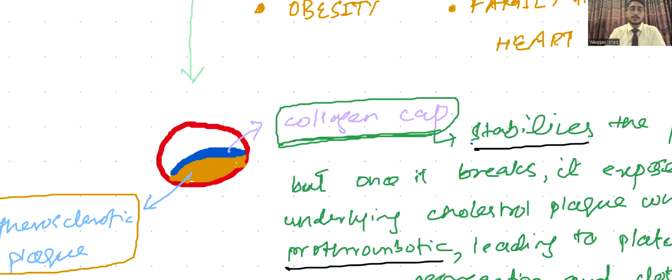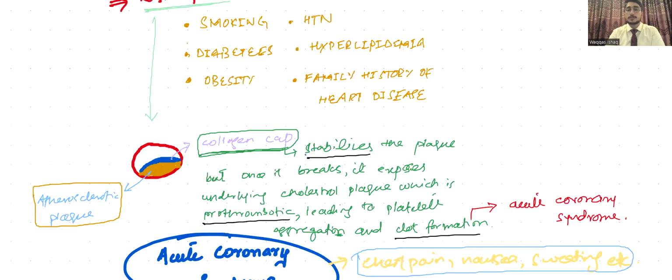It exposes the underlying cholesterol to the blood, which is prothrombotic, and that causes clot formation, and that clot formation results in acute coronary syndrome. So that's why it happens all of a sudden. Suddenly the cap breaks off, and then suddenly the clot forms that leads to occlusion of the coronary arteries.